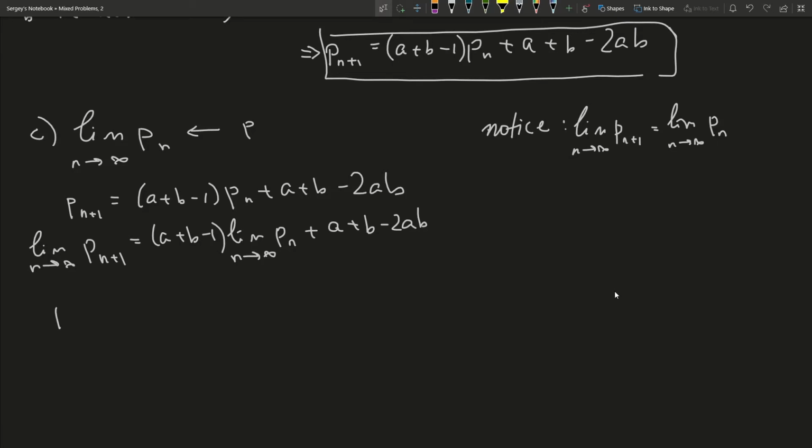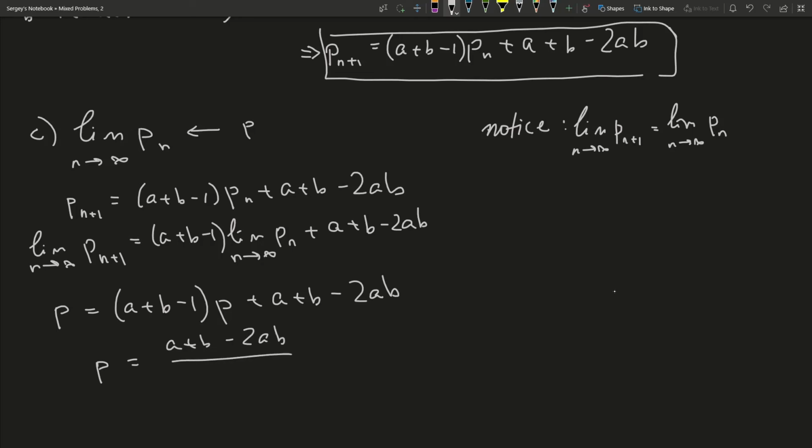So we're going to replace with p here. So p equals a plus b minus 1 times p plus a plus b minus 2ab. And now we're ready to solve this expression for p, and we get that p equals a plus b minus 2ab over 2 minus a plus b. And so this here is the long-run probability of success.